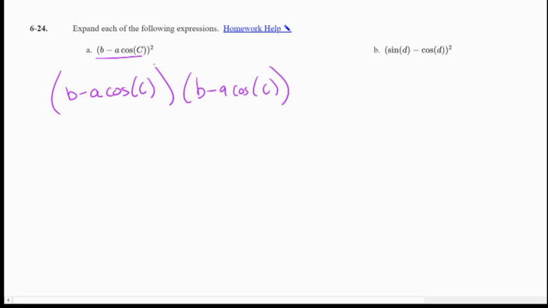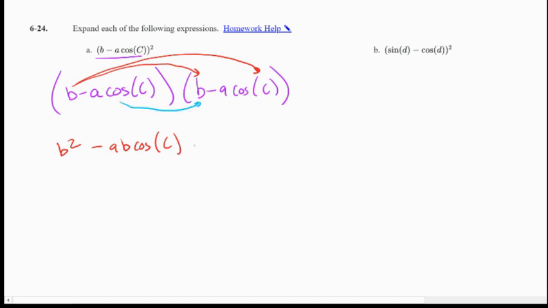FOIL means I'm going to multiply these two together to get b squared first, and then outside I'm going to multiply ab cosine of c, and then inside I'm multiplying these two together, so minus ab cosine c, and then lastly I'm going to be multiplying these two together, so I get positive a squared cosine squared of c.